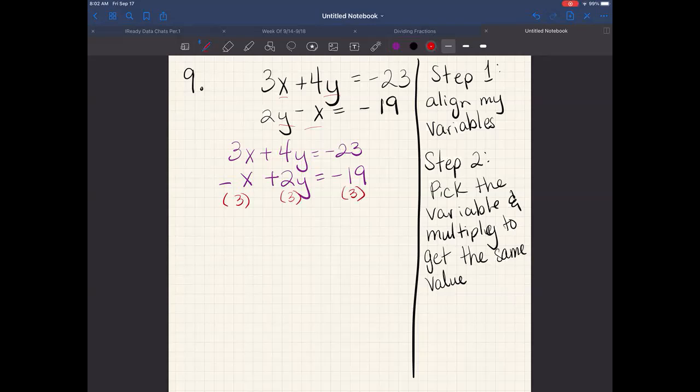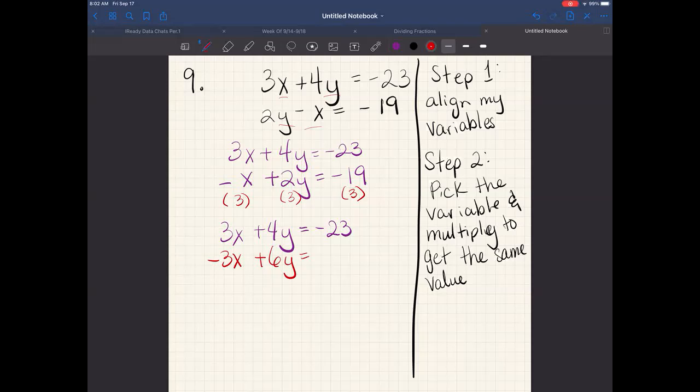All right, so I keep my 3x plus 4y equals negative 23. And now I get negative 3x plus 2 times 3 is 6y. And negative 19 times 3?